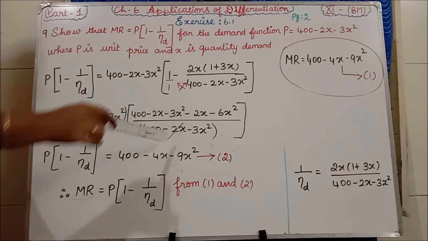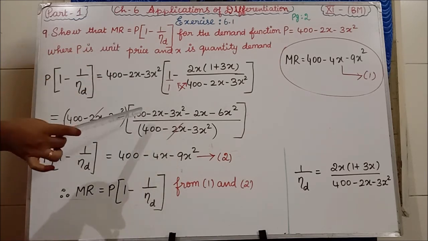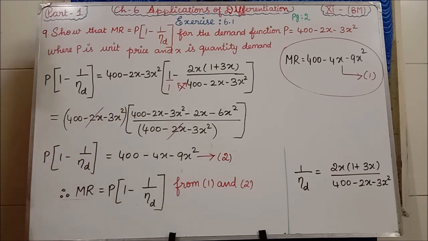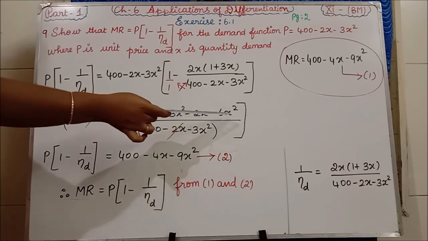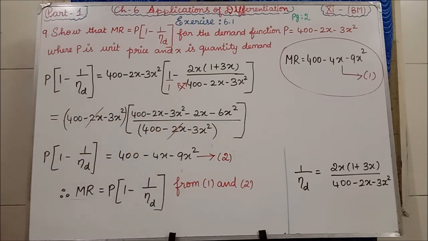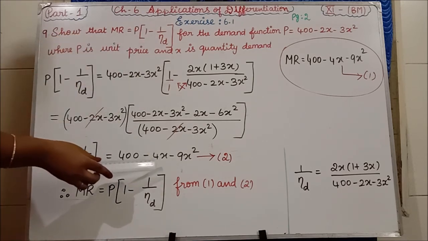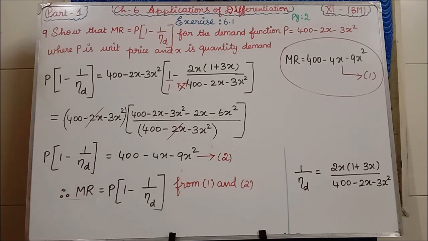This and this we can cancel. Afterwards, if you see 400, minus 2x minus 2x is minus 4x, minus 3x² minus 6x² is minus 9x². Clear? So now what value we have got in the RHS part? 400 - 4x - 9x². Clear?